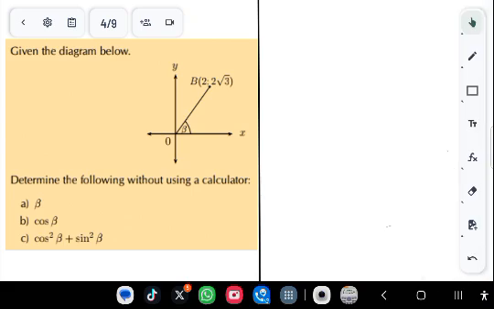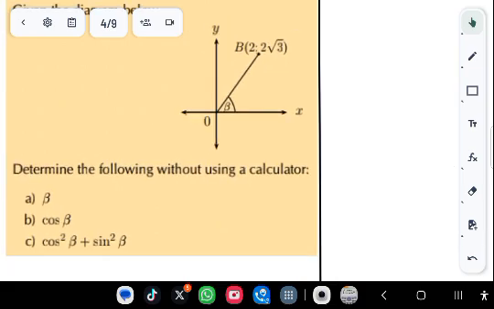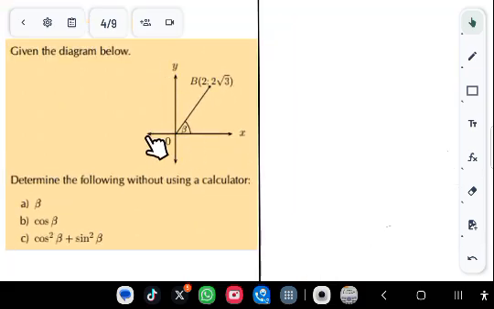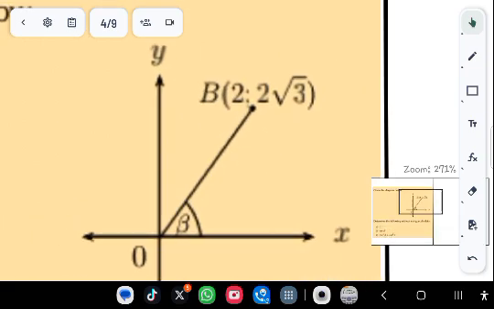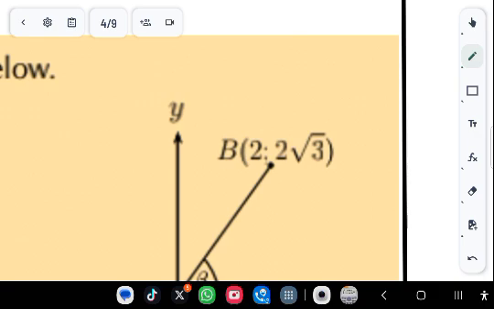Now let's look at an example that shows you how to use the CAST diagram to figure out whatever it is that you want to figure out. You're given a diagram here with a point, and the point has an x coordinate and a y coordinate.